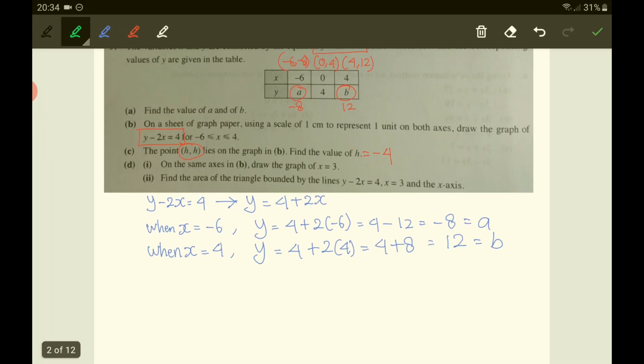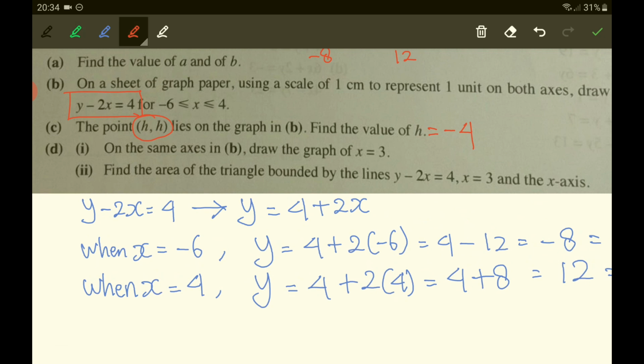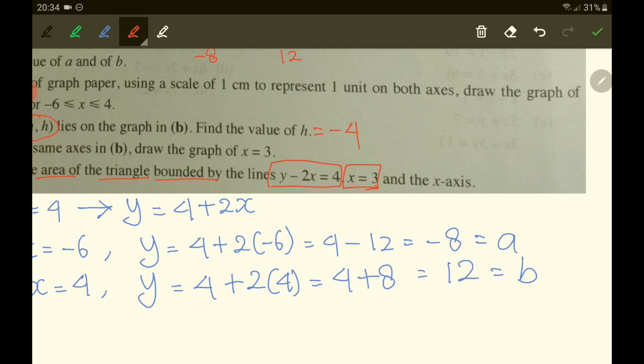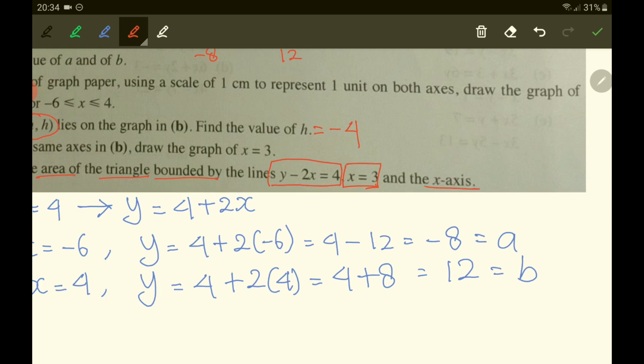And then the second one here, find the area of the triangle bounded by these lines. The first line, the orange line that we made the first time, the green line that we just made, and the x-axis.